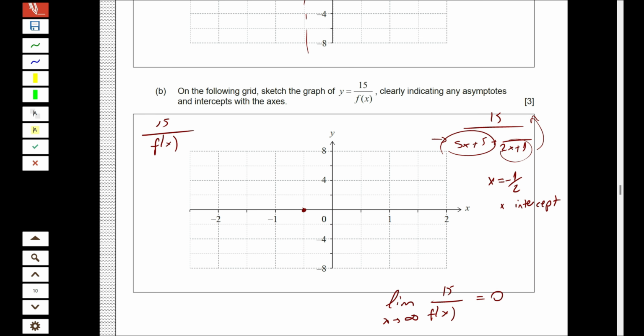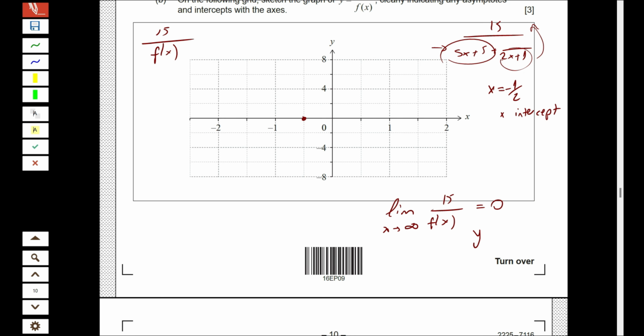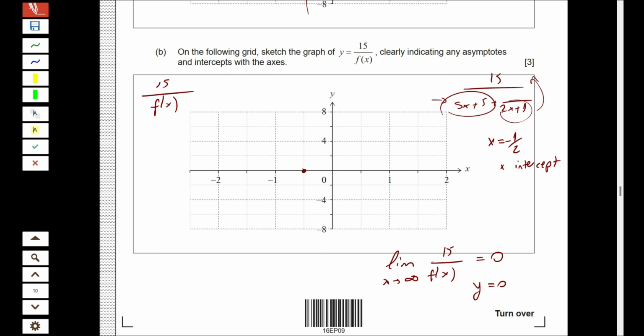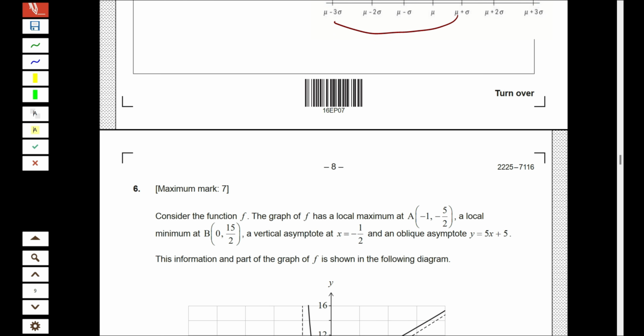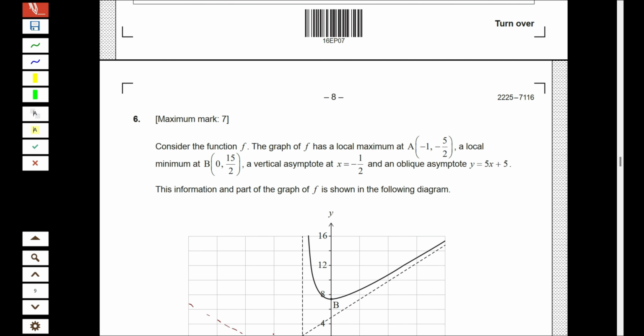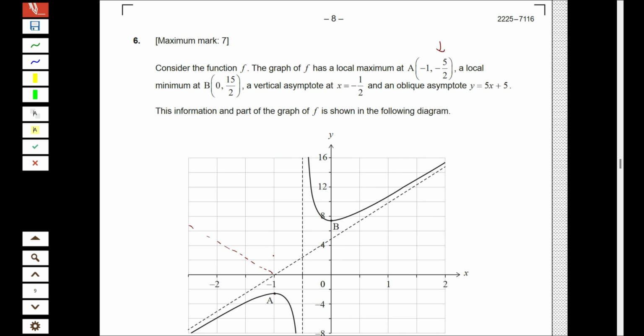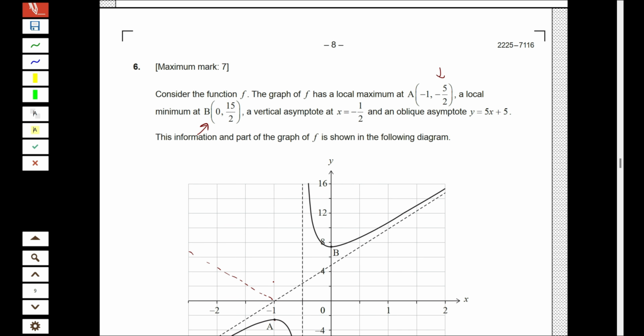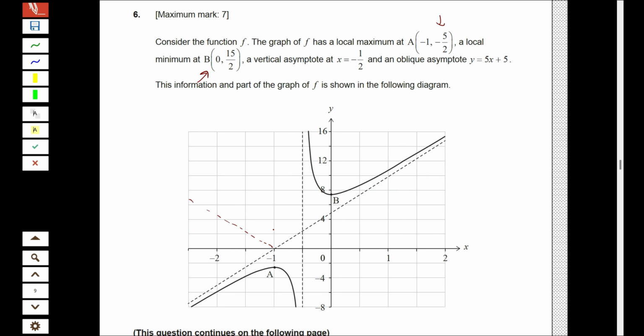In this case, this expression will approach 0. So our horizontal asymptote will be y equals 0, which means the graph will not pass through the x-axis. Function f of x has a local maximum and a local minimum. We can write them respectively.